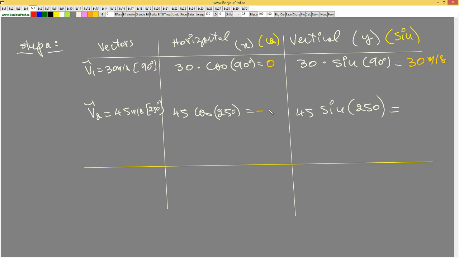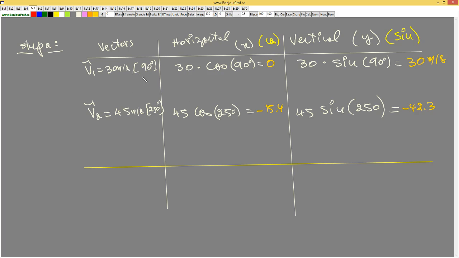Negative 15 point what? 15.4, and what other digit? So it was 39, you rounded it. Okay, here 45 sine 250, what will it give you? 0.283. Good.